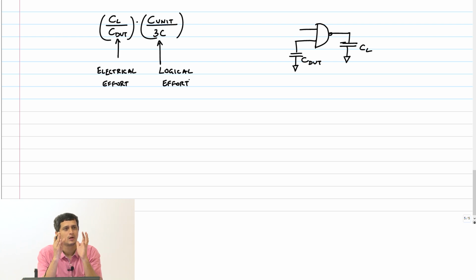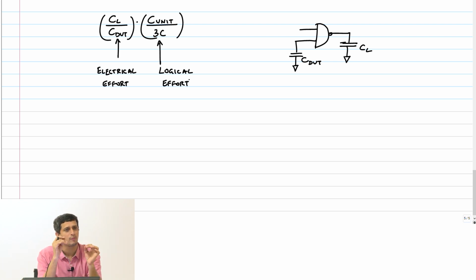Electrical effort is, it's because it has to actually charge that particular capacitance value. Okay, it has to do the work to charge that capacitance in that particular circuit, whatever value there is. On the other hand, logical effort has nothing to do with what load capacitance there is, what input capacitance there is. It is purely a capacitance that arises because of the topology of the gate.